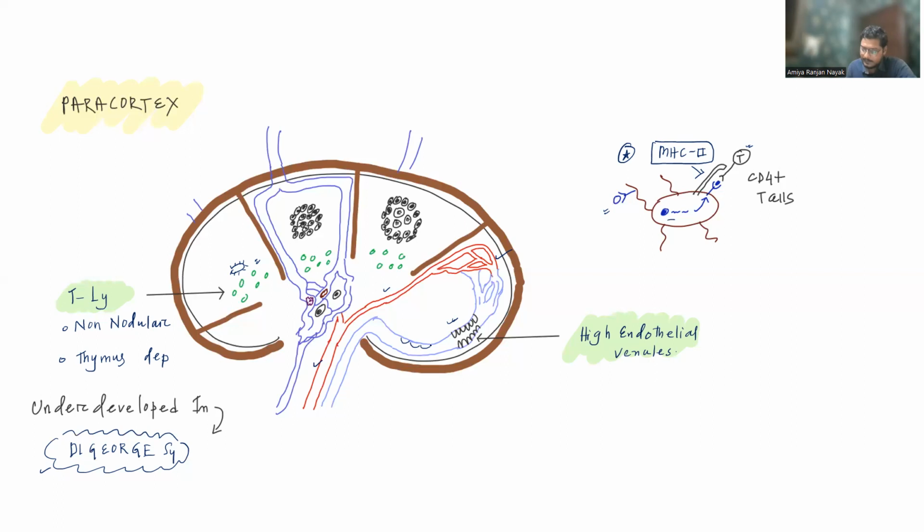They have special properties: these high endothelial cells have special receptors, and these receptors can identify various lymphocytes, B and T lymphocytes, which are flowing through these arteries and coming to the venules.